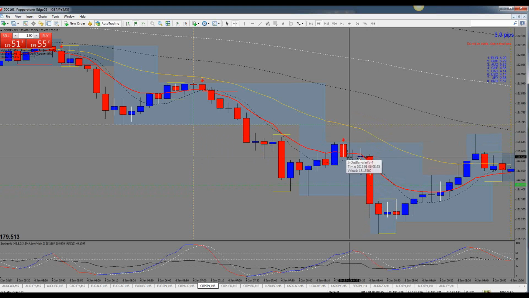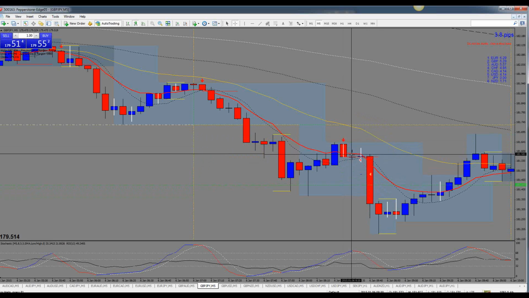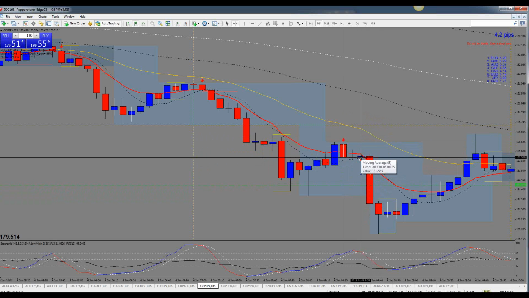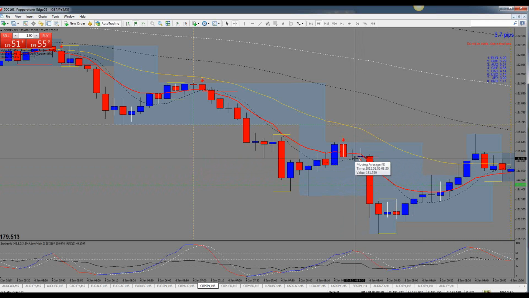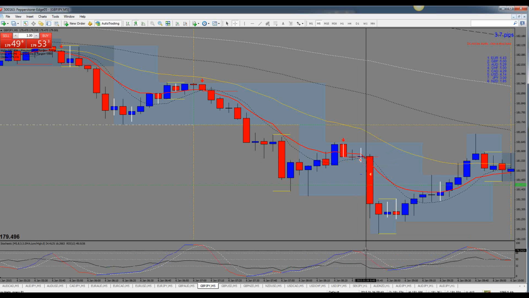So there's my signal bar right there. There's my entry break right here. This one did break, but I must have been flipping through other charts and missed it. I'm waiting for confirmation down at the bottom.